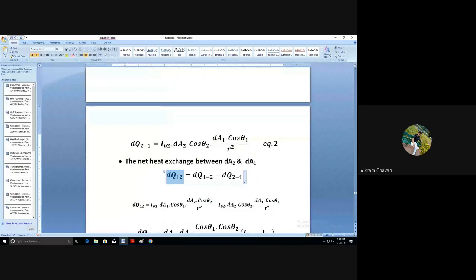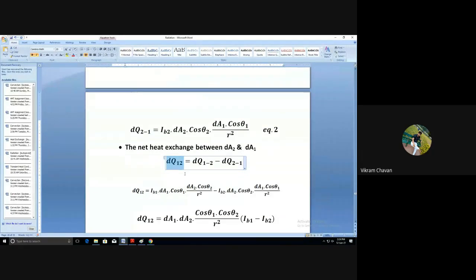We know dq1 to 2 and dq2 to 1, so just put these values in and we get dq12, the net exchange of heat between two surfaces, equal to Ib1 multiplied by dA1 cos theta 1 multiplied by dA2 cos theta 2 divided by r square, minus Ib2 multiplied by dA2 cos theta 2 multiplied by dA1 cos theta 1 divided by r square.